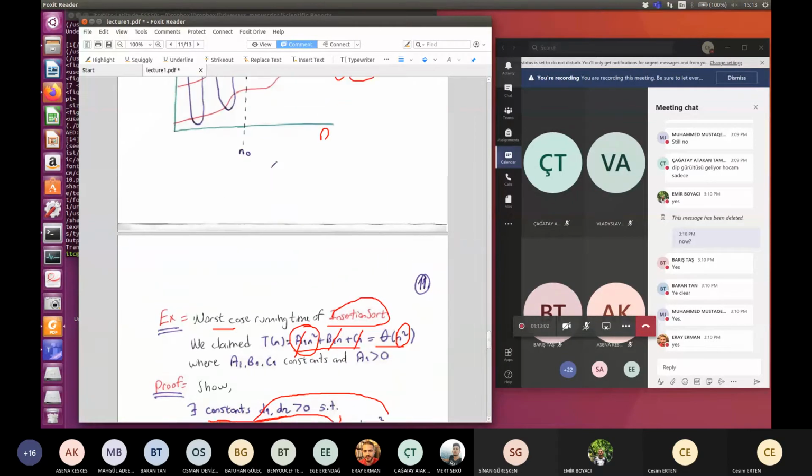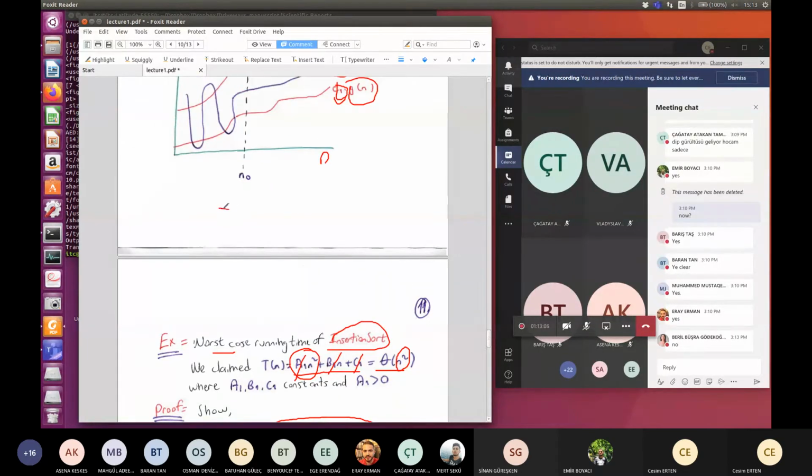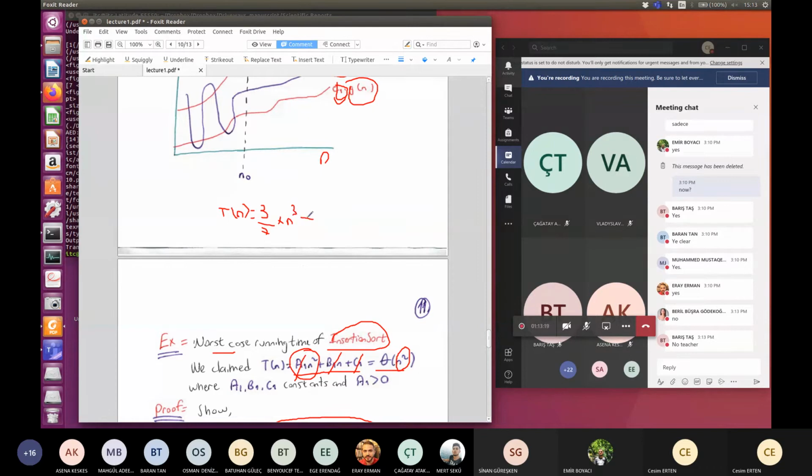Let's just give another example. So if I analyze the running time of some algorithm, and if I come up with the following complicated function, 3/7 times n cube plus 5/2 times n to the 3/2 log n plus 178.